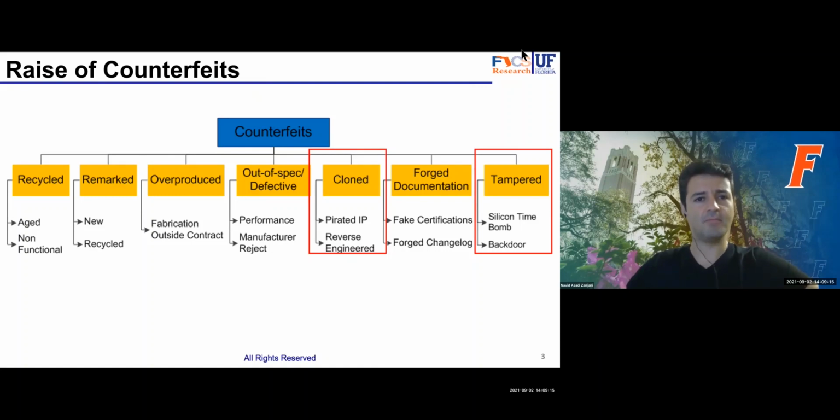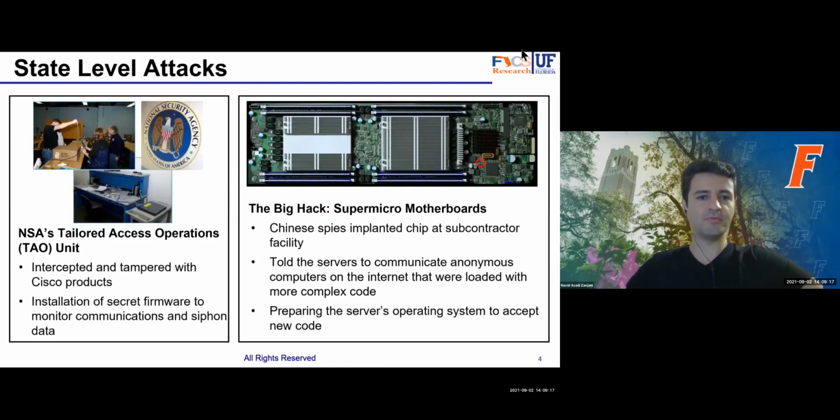A couple of examples that many of you should be familiar with. The Big Hack story came in 2018 on Supermicro, regardless of whether it happened or not. Everybody in the community agreed that this is possible.